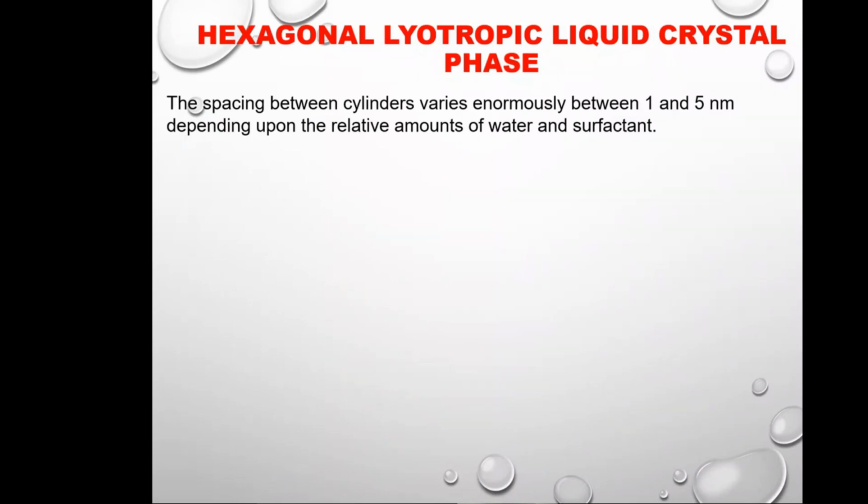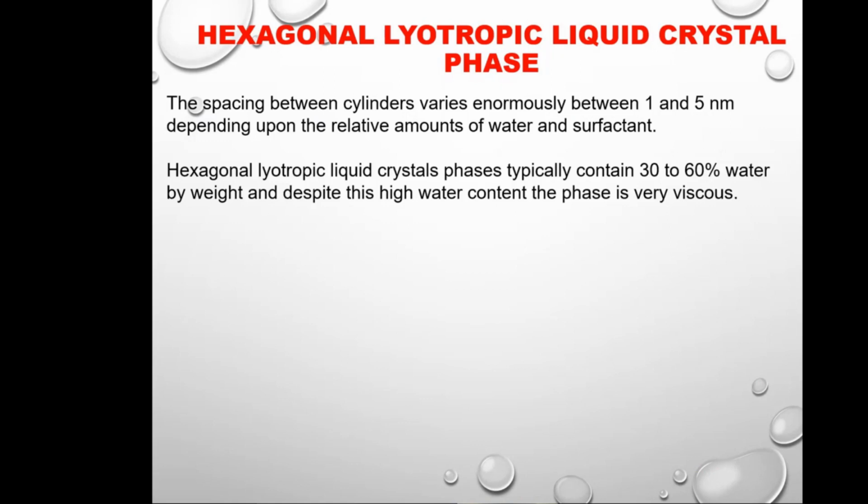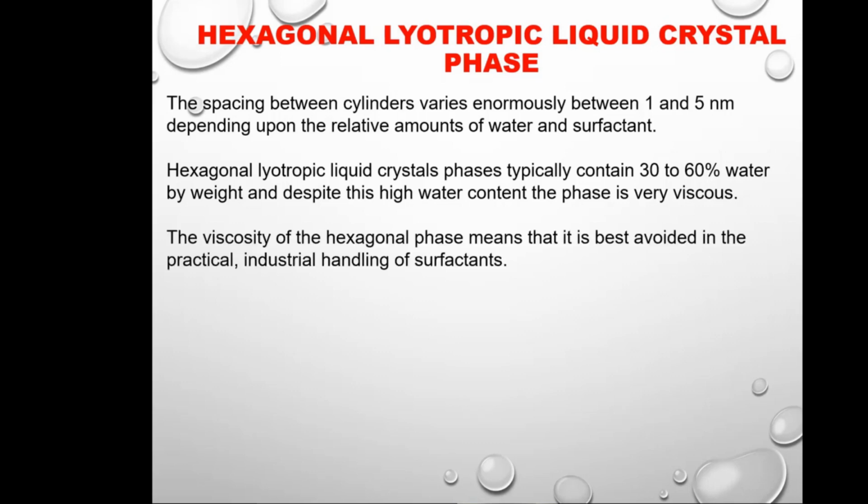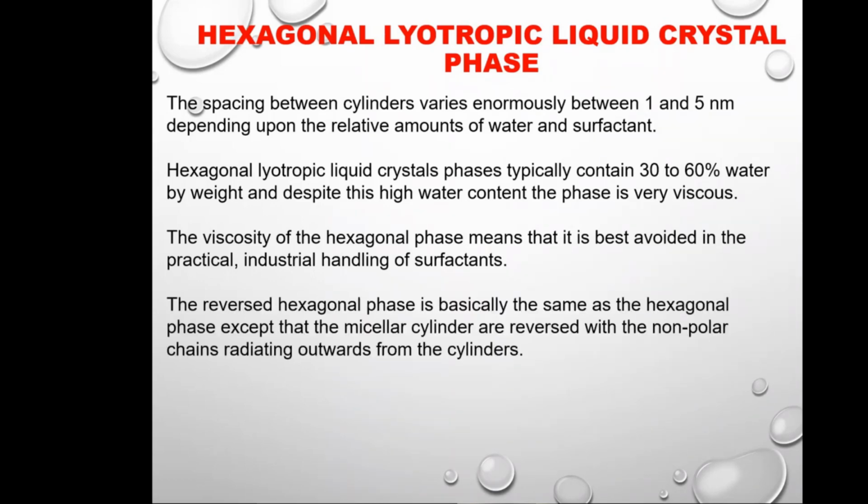The spacing between cylinders varies from 1 to 5 nanometers, depending on the amount of water and surfactant in the solution. And typically, they contain 30 to 60% of water by weight. Despite this high water content, the phase is very viscous. So the viscosity of the hexagonal phase means that it's best avoided in applications.